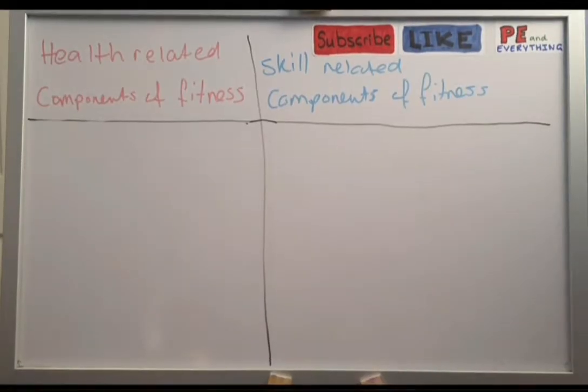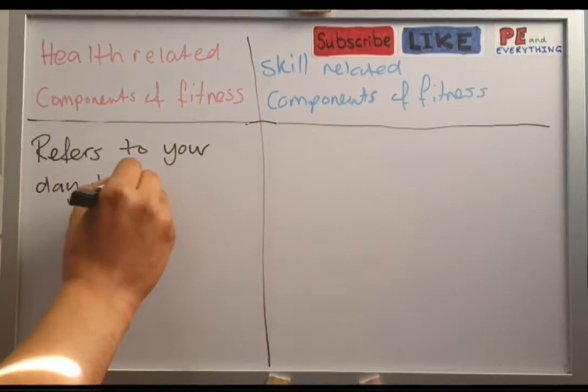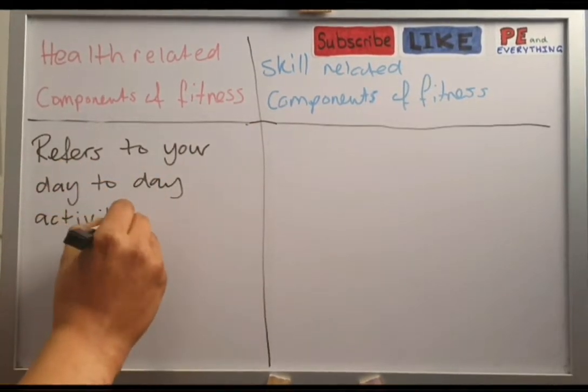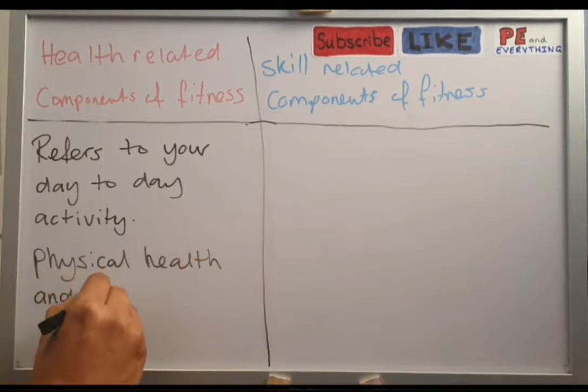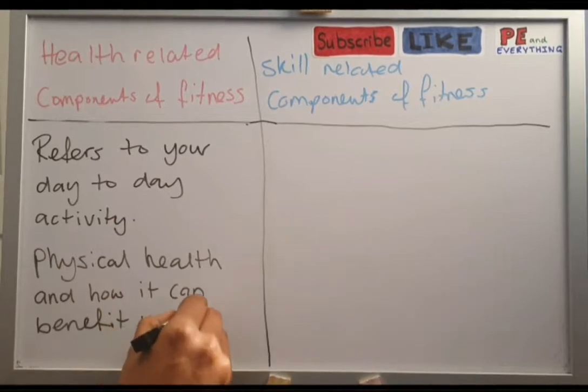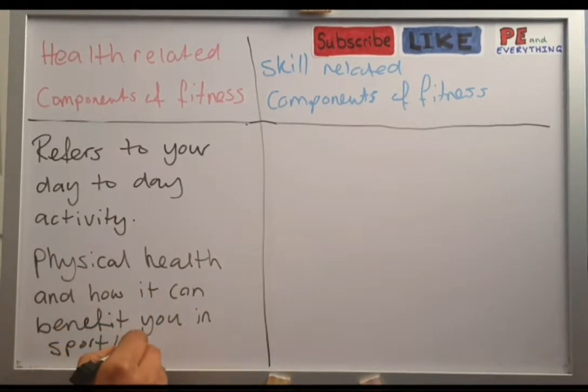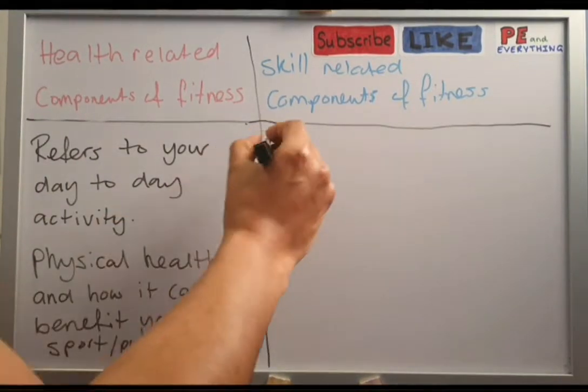Okay, coconuts, let's move on to that first learning objective. So the first component of fitness would be health-related component of fitness, health-related. This refers to your day-to-day activity, exercising in order to stay healthy and physically fit. Okay, staying healthy. That is the main purpose of health-related components of fitness.